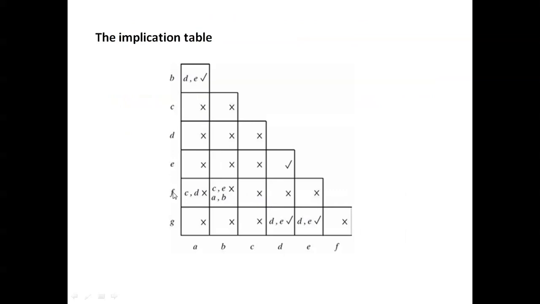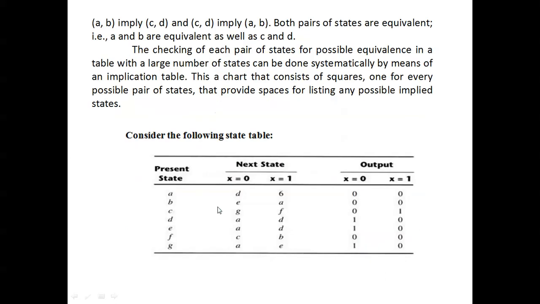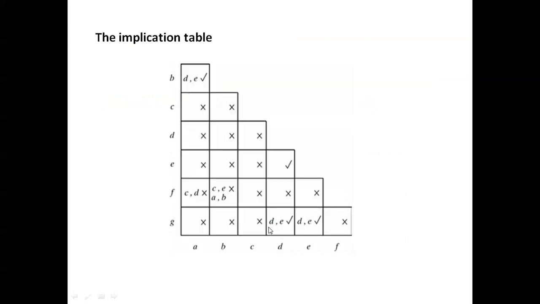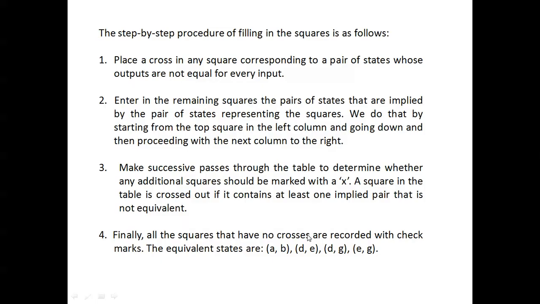D and E, and for F, C and D, and C and E, and A and B; for C and D, and A and D. So that is written here. A, B, C, D is a table. They have to reduce using the cross mark, and if they want, a tick mark is given. So it's an implication table.